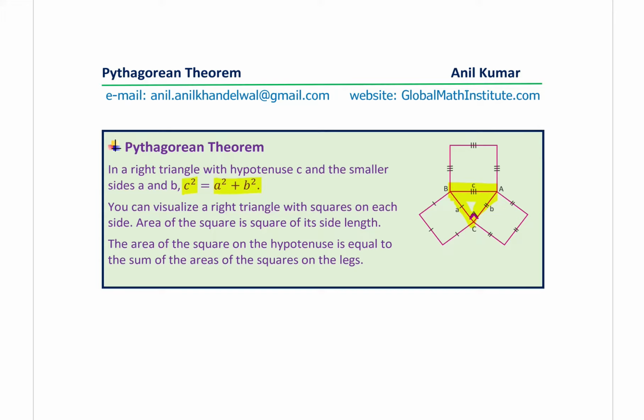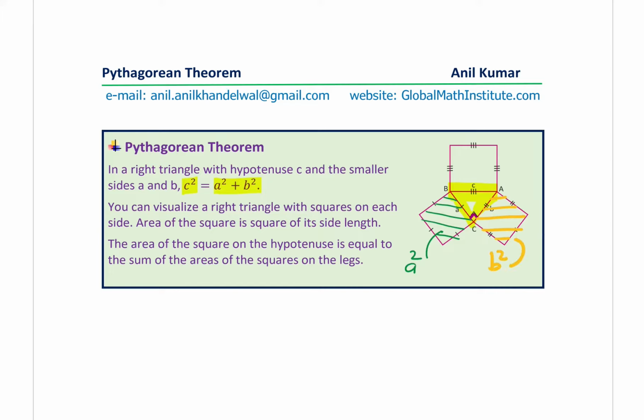Now, what is a²? It will be the area of this particular square, correct? So this area will be a². The area of the other square on the side of b will be b².